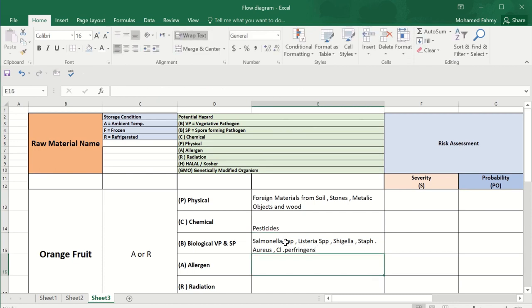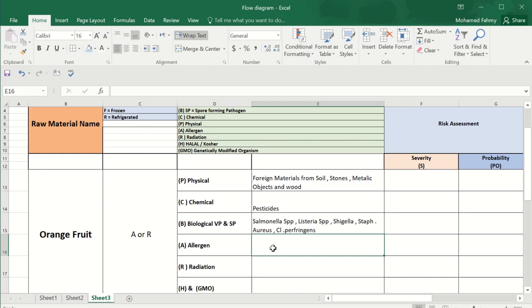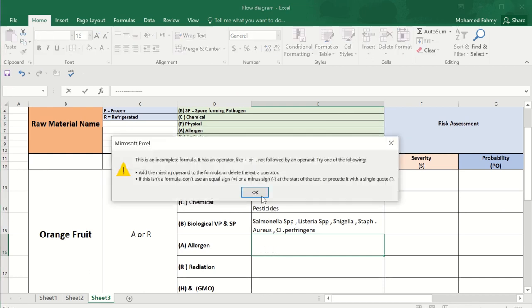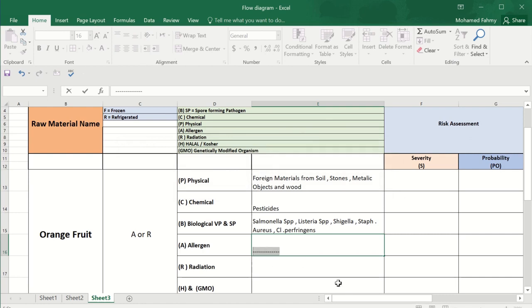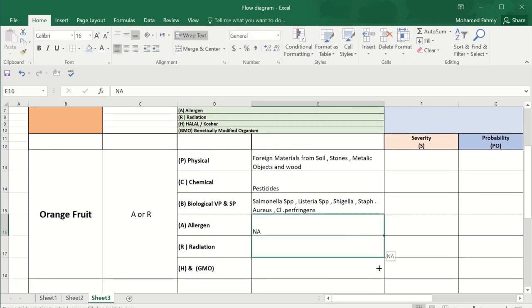Allergen not applicable, radiation not applicable, and halal not applicable.